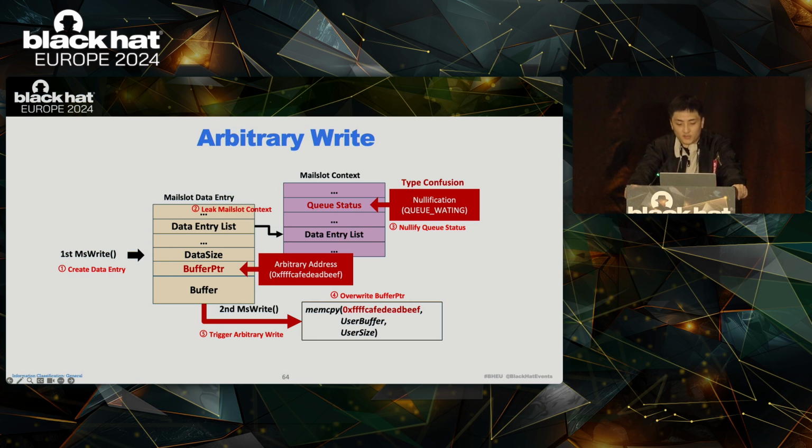By nullifying queue status in the Mailslot context and triggering a type confusion, we bypass certain checks. Next, we override the buffer pointer with an arbitrary address. Finally, with the second write, we trigger the arbitrary write, copying our data to the controlled memory address using memcpy.